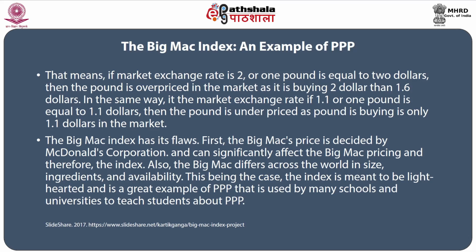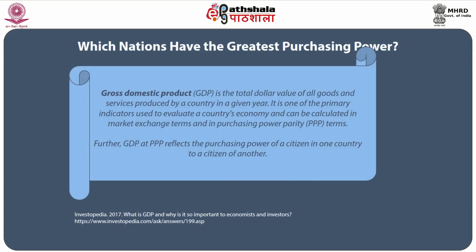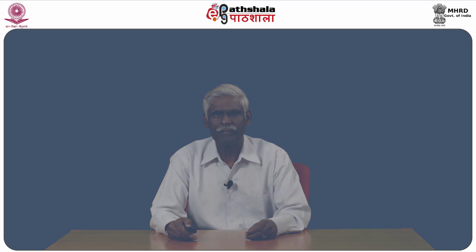Which nations have the greatest purchasing power? Gross domestic product is the total dollar value of all goods and services produced by a country in a given year. It is one of the primary indicators used to evaluate a country's economy and can be calculated in market exchange terms. A country's GDP at PPP takes into consideration the relative cost of local goods and services produced in a country valued at prices of the United States.